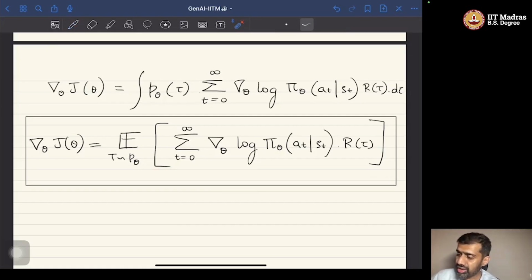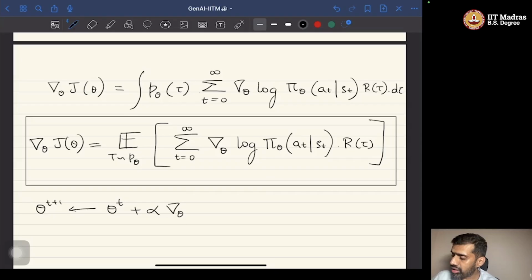Now, as we discussed earlier, one can use the usual gradient method to maximize this particular objective, and we now have an expression for the gradient of the objective function. So this constitutes the foundational method of policy gradient based optimization procedures to obtain an optimal policy in the reinforcement learning paradigm. Now, what we will do next is improve on this.